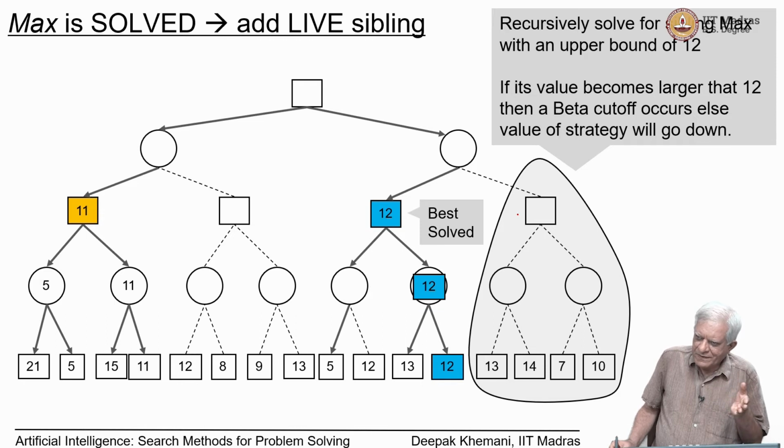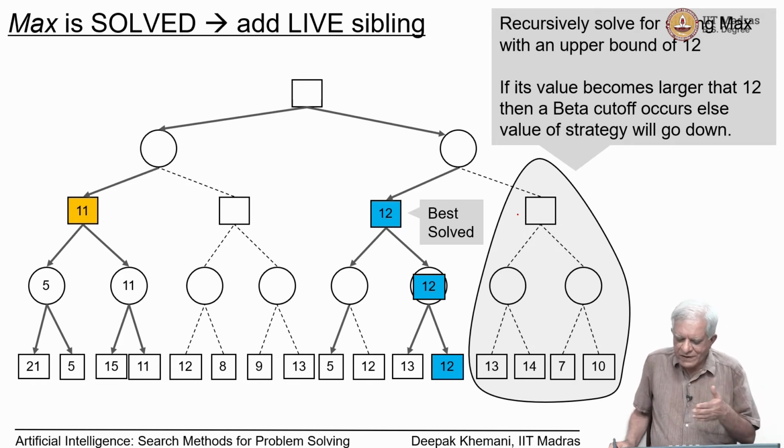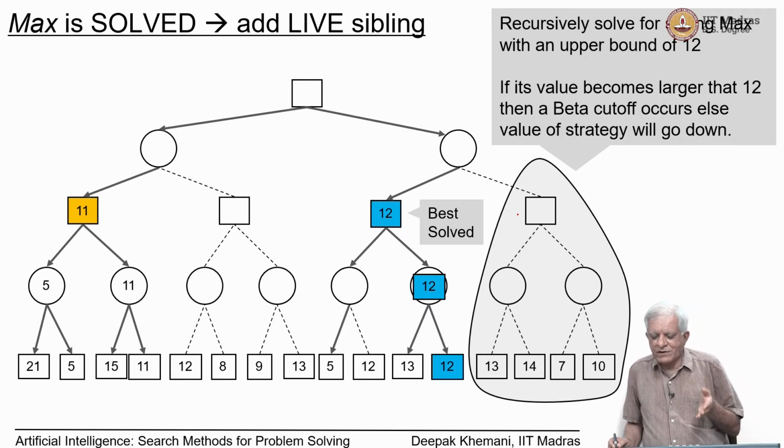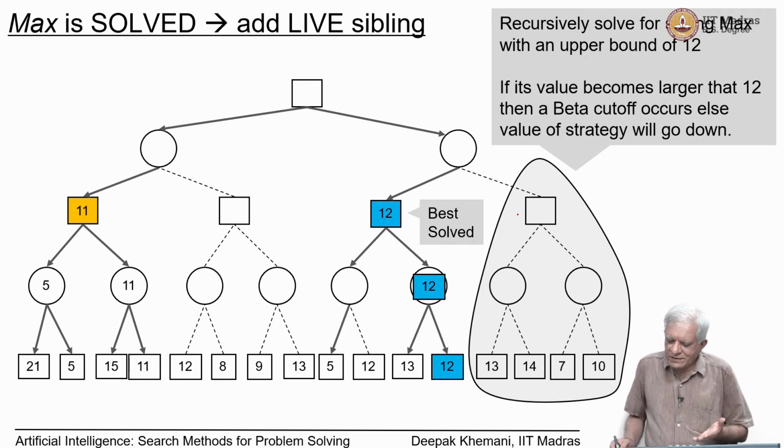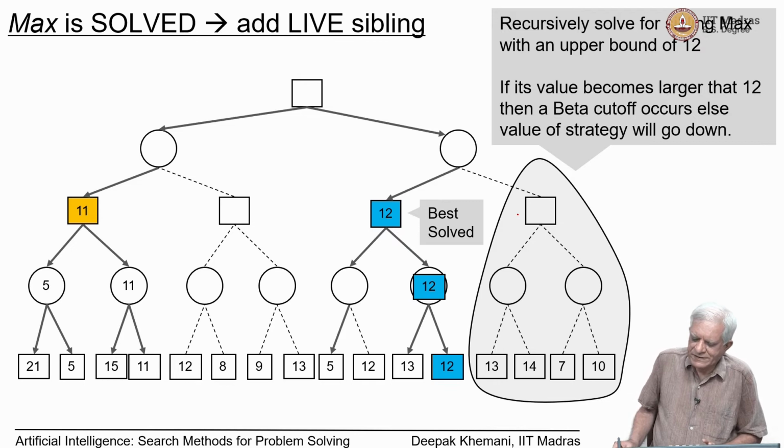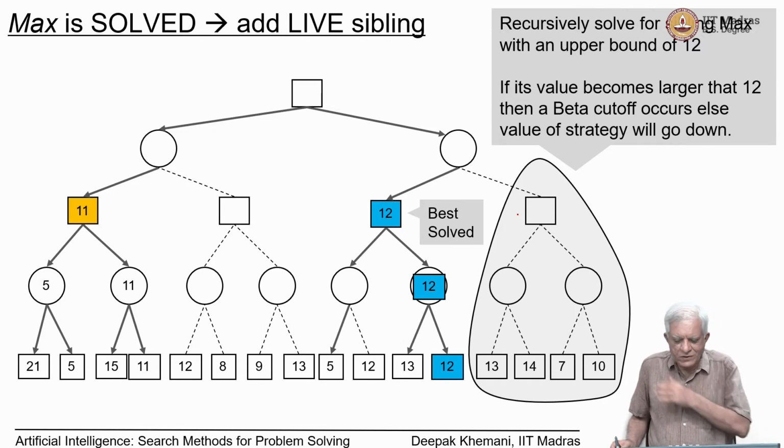Why 12? Because its min parent's minimax value is not going to go higher than 12, because it is getting 12 from its left child. It will only accept a value which is lower than 12 from its right child, which is the right subtree that we want to evaluate. If its value becomes larger than 12, then a beta cutoff will happen, and that part of the subtree would be ignored.